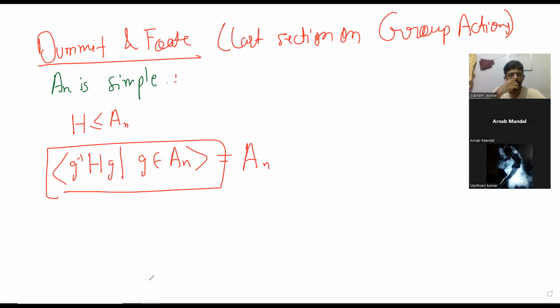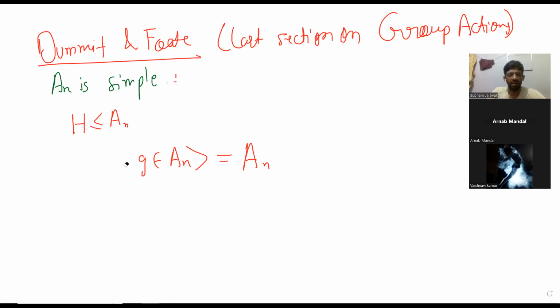Yeah, that is a problem. So anyway, because I'm a little hurried, I don't think about it right now. I will just say it in some simple terms. A_n is simple, that is a fact, which means it has no non-trivial normal subgroups.